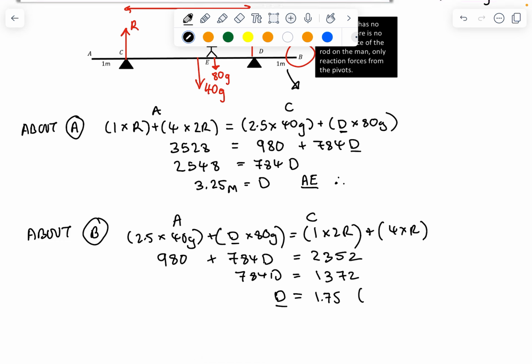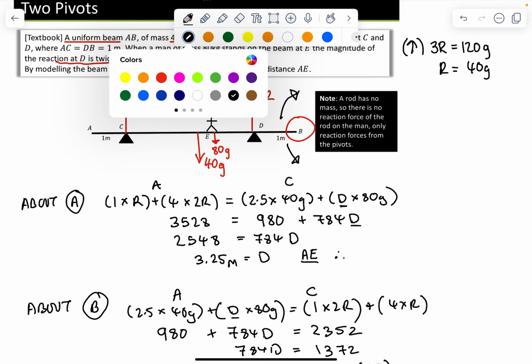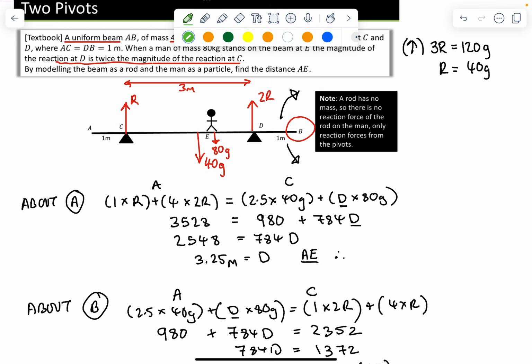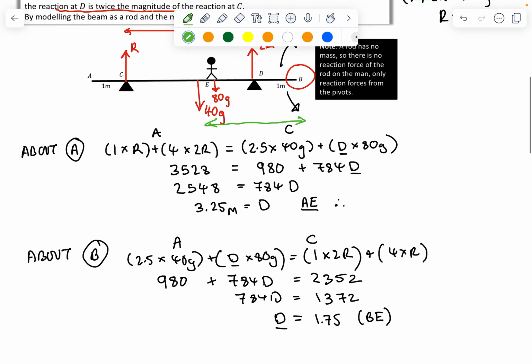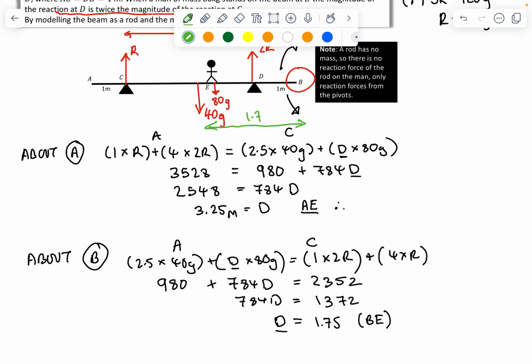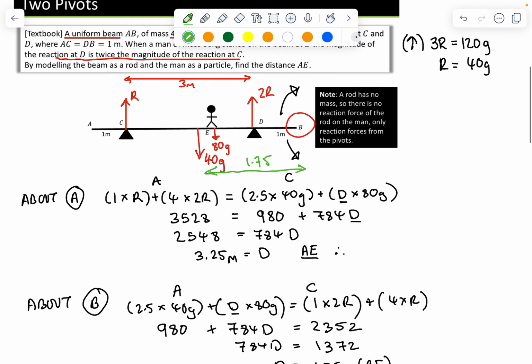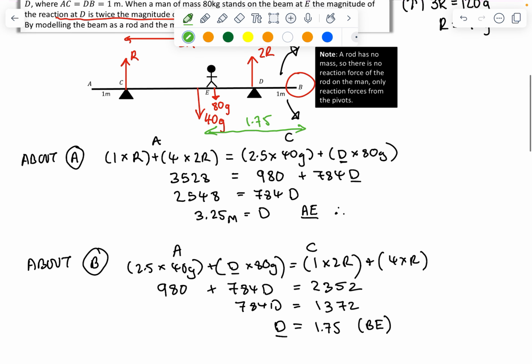Now, remember, we measured this from B, so this is the distance from B to E. And we know the whole beam is 5 meters.